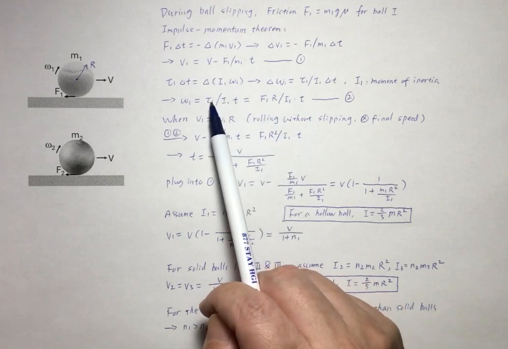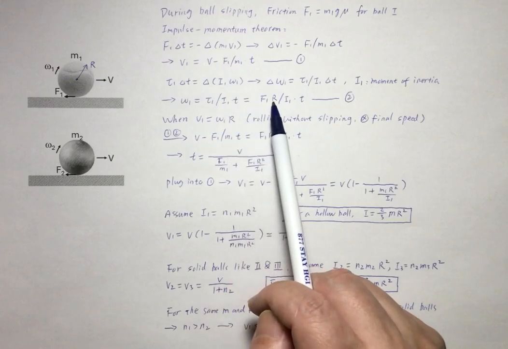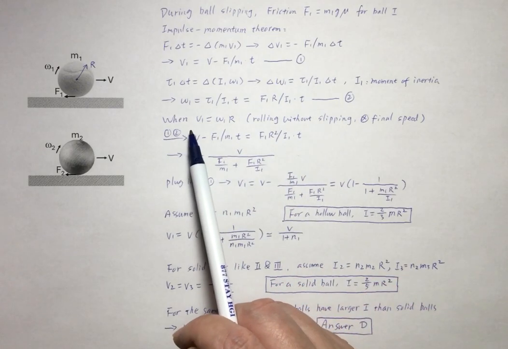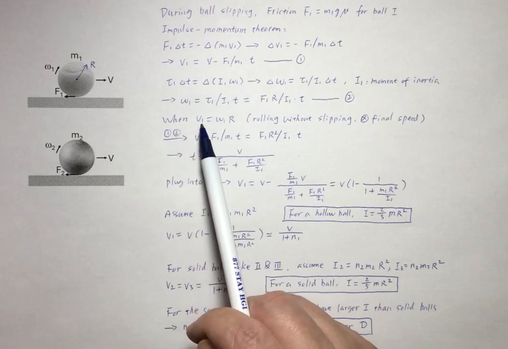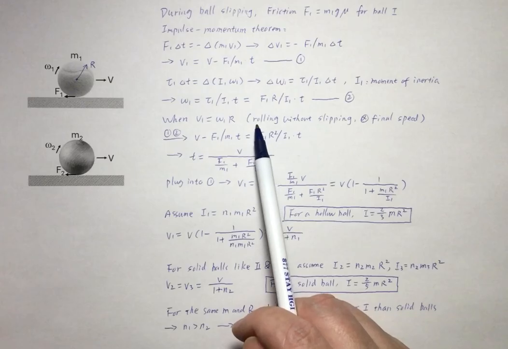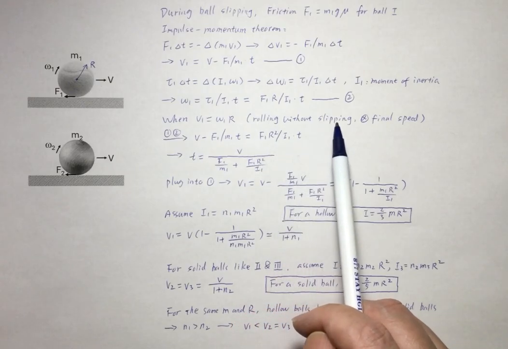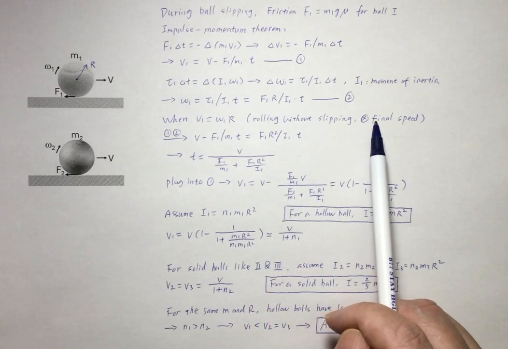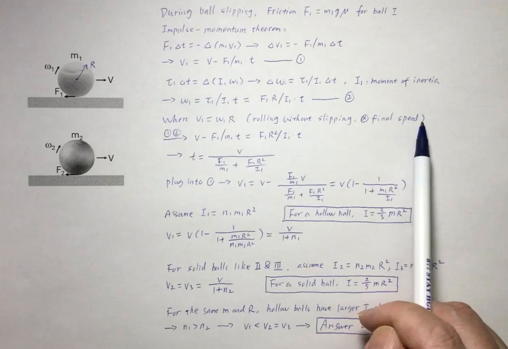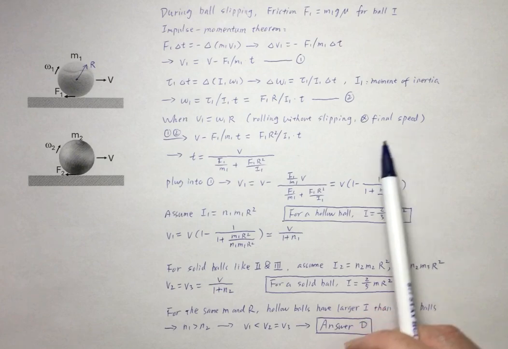We know that torque tau is F1 R. Then we have equation 2. When v1 is equal to omega 1 R, the tennis ball will roll without slipping, and it also reaches its final speed. We know this from question 13. Please go back and look at my video for question 13.